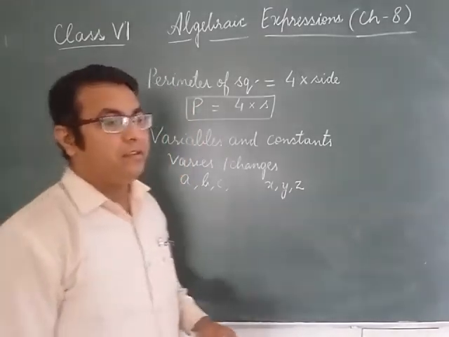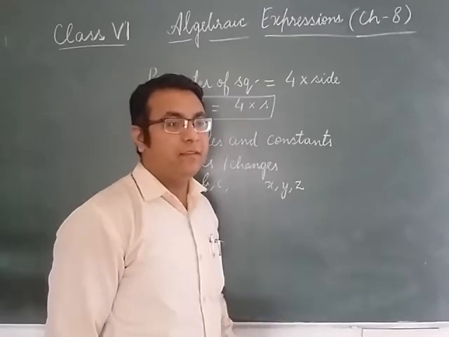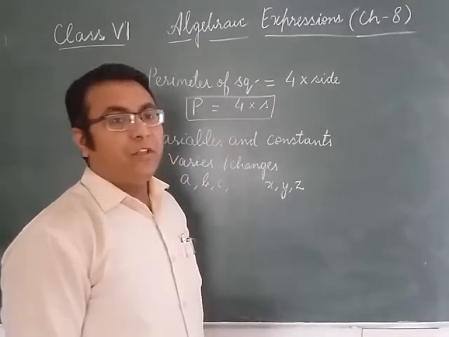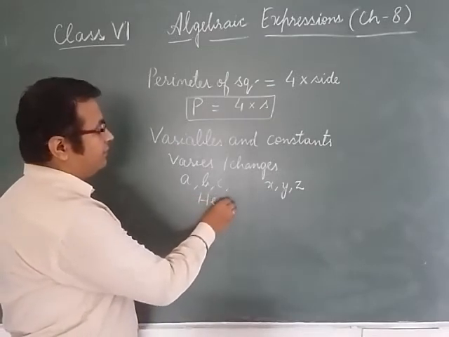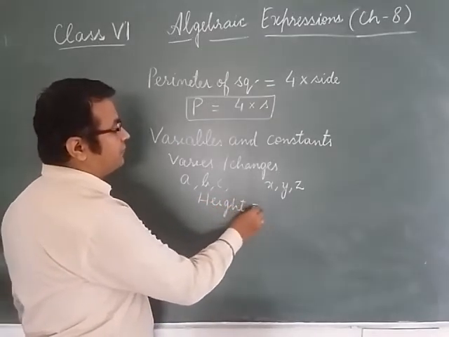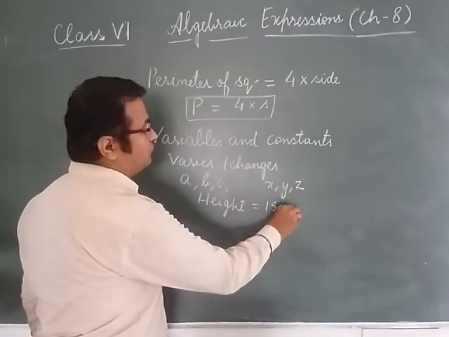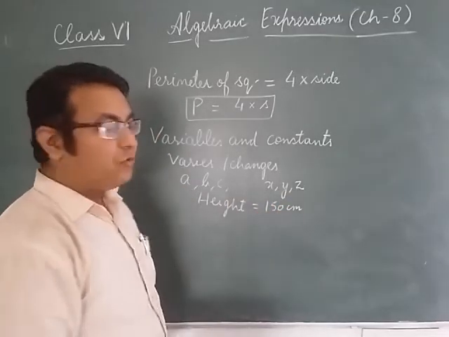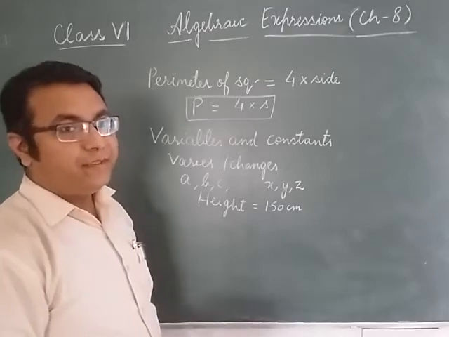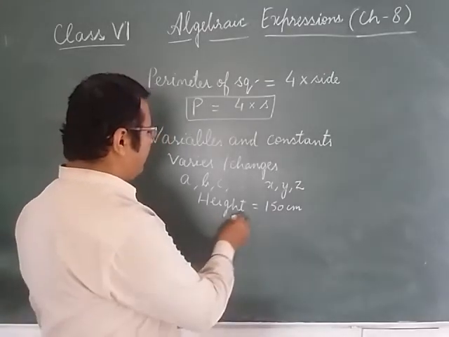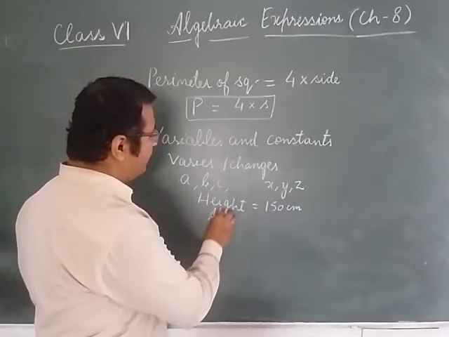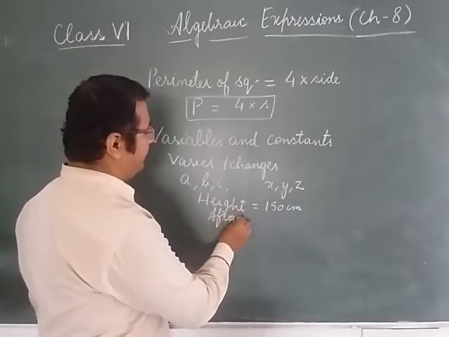For example, in other terms you can understand it like this. If I say your height, presently let's say your height is 150 centimeter. After 1 or 2 years will your height remain the same 150 centimeter or will it increase? It will. After 1 year your height will change or increase.